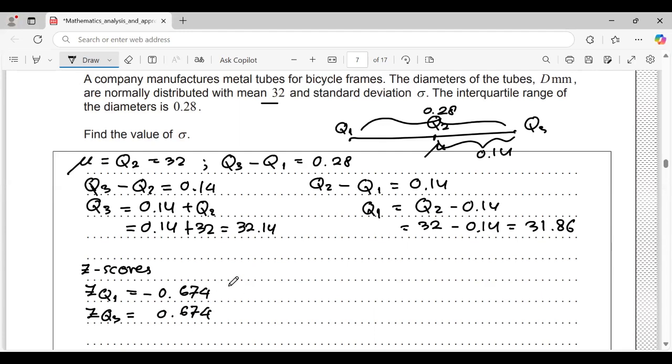This is for the 25th percentile, while this one is the 75th percentile.